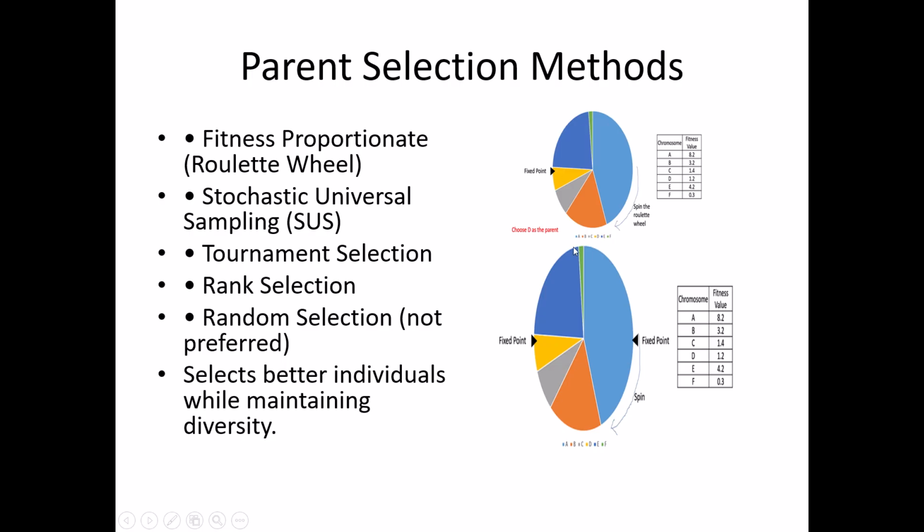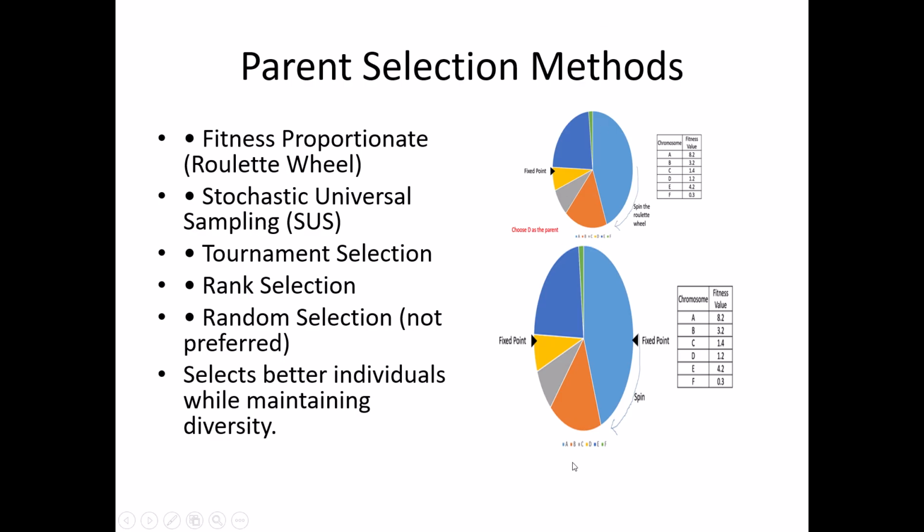Just spin that wheel, and if it stops at any one point, the solution nearby that fixed point is called the parent, right? So this is one type of parent selection method.